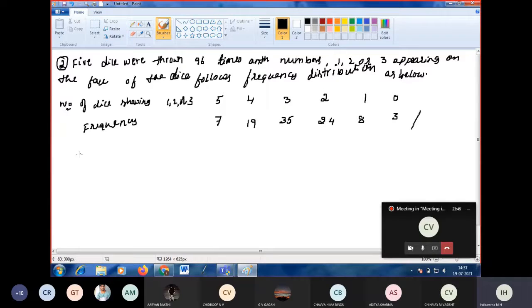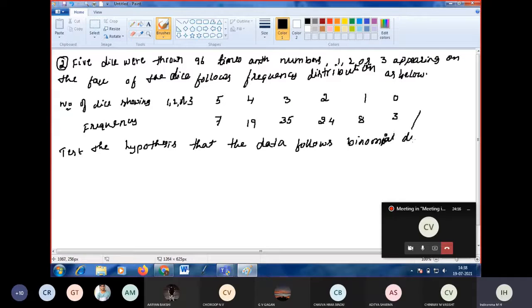Then they have given: test the hypothesis that the data follows binomial distribution.